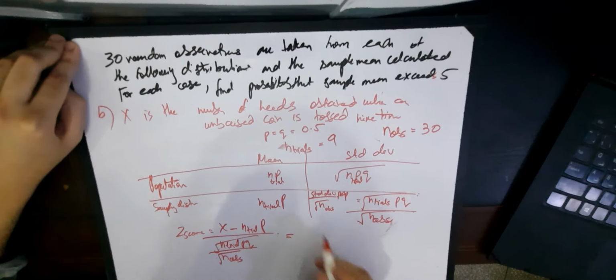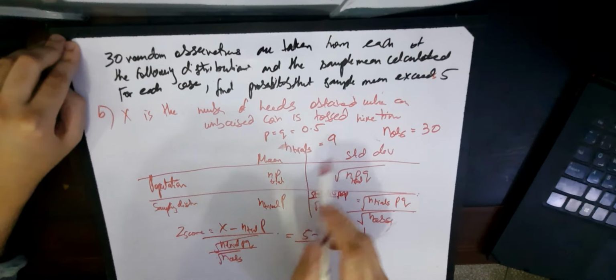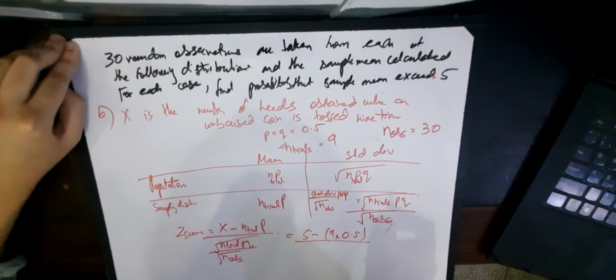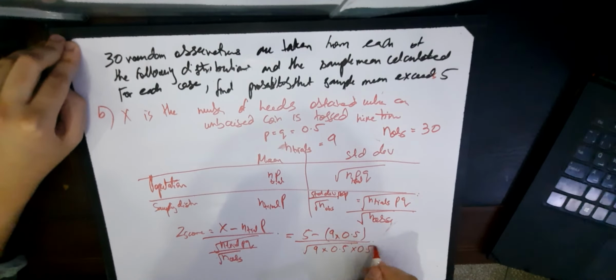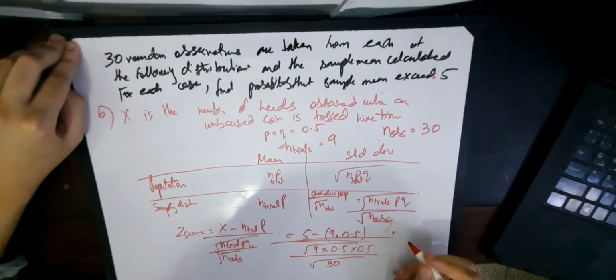You can plug in the values. 5 minus n trials, 9, into 0.5. The p we already established, it's an unbiased coin. Then n trials is again 9 into 0.5 into 0.5, divided by the number of observations, which is 30.